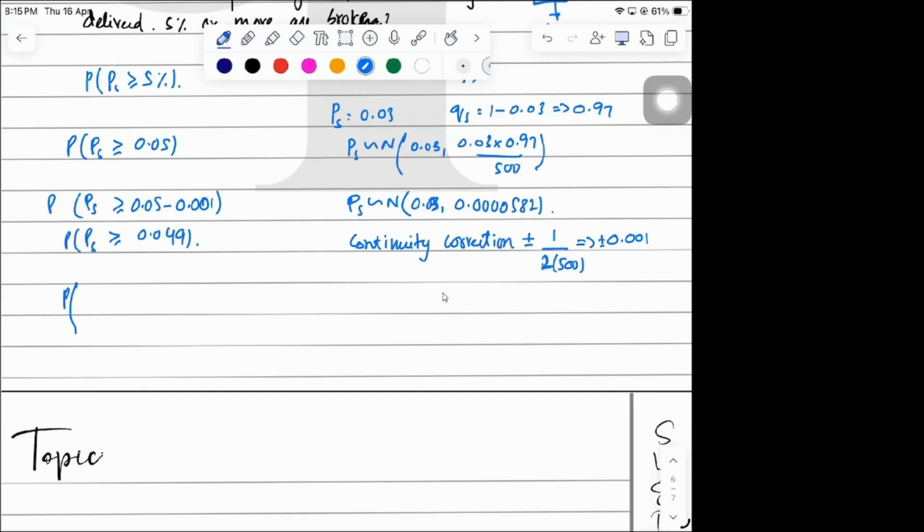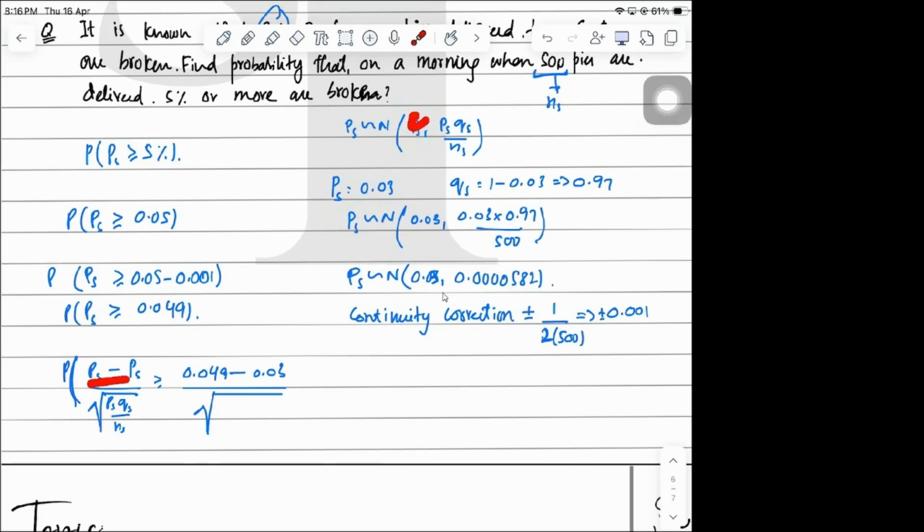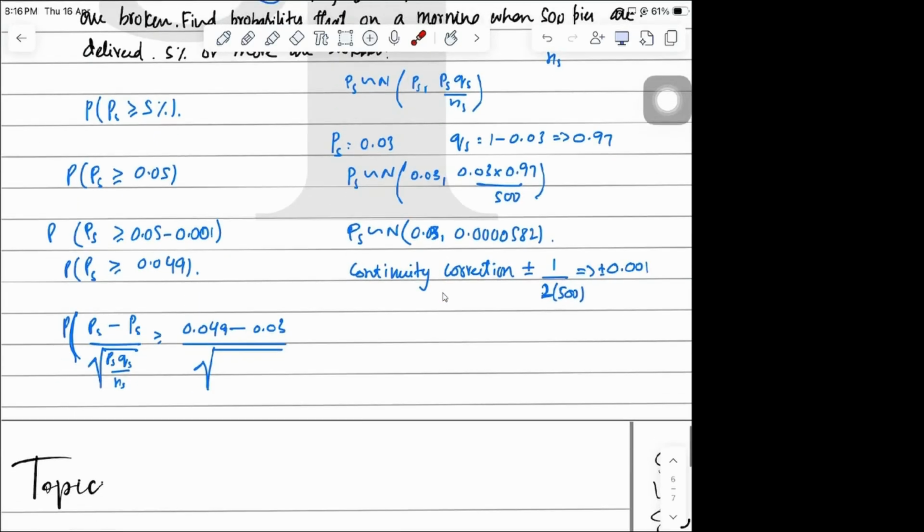Z will equal 0.049 minus 0.03, which is P_S, divided by the square root of P_S Q_S over n_s. I wrote the formula, no? This is the formula of Z, with the mean and the standard deviation.